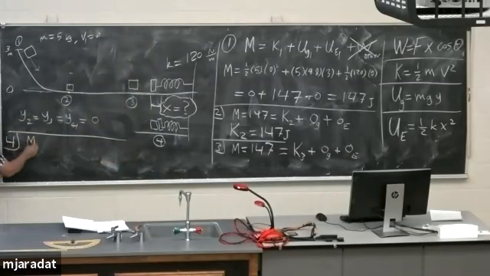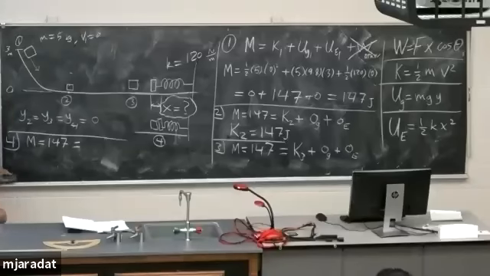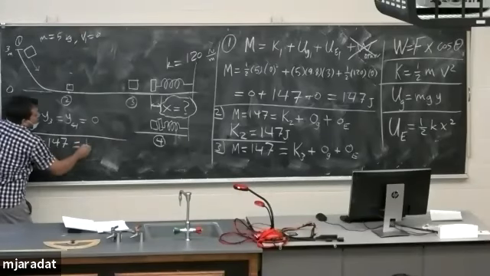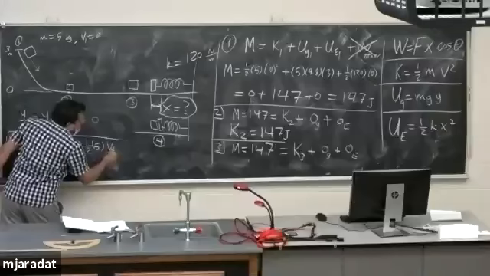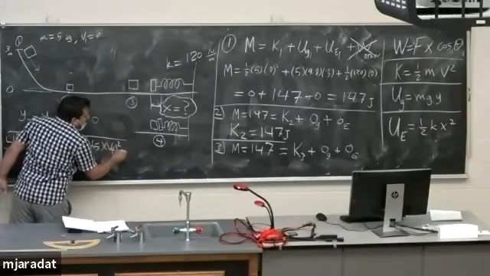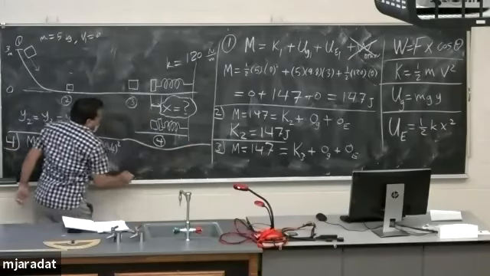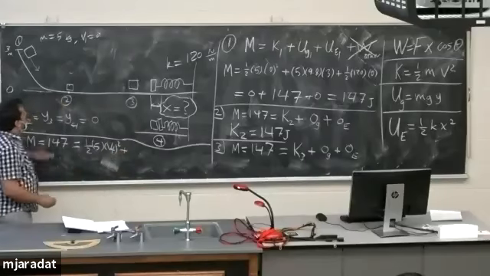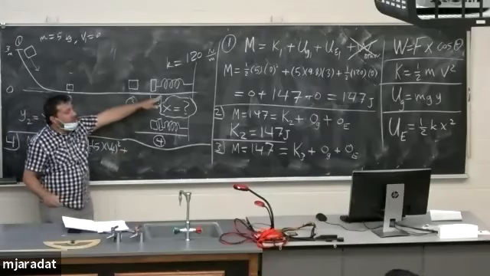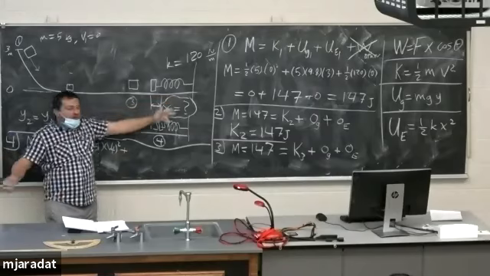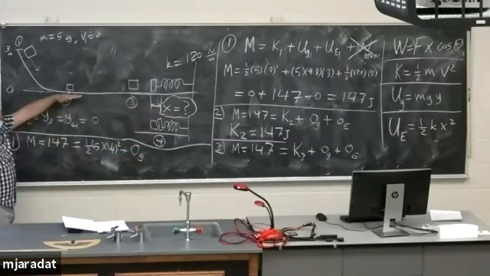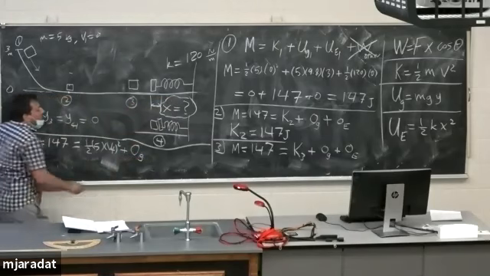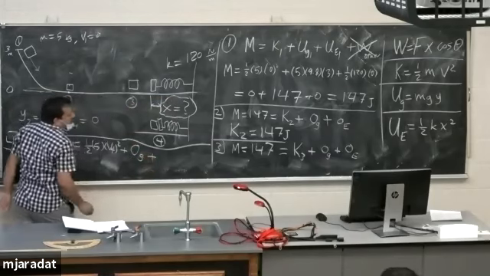The mechanical energy, it is still 147, is equal to the kinetic energy, which is 1/2 times 5 times V4 squared, plus, how much is the potential energy here due to gravity? It is 0. We are at the same altitude. What about the elastic potential energy?